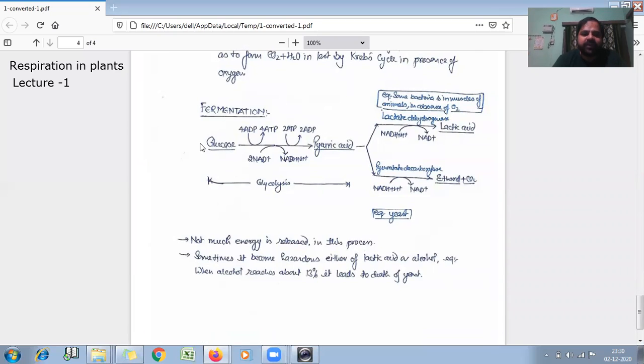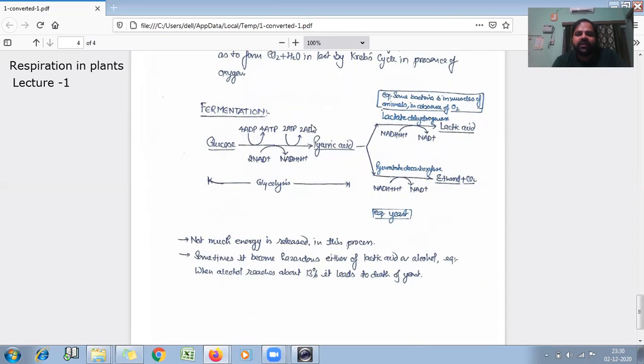So in case of fermentation, as I have already told, glucose will be converted into pyruvic acid. We can see here 4 ATP will be generated, and 2 ATP will be utilized. Means out of the total 4, 2 ATP will remain, and 2 NADH plus H plus will also be generated by the process of glycolysis.